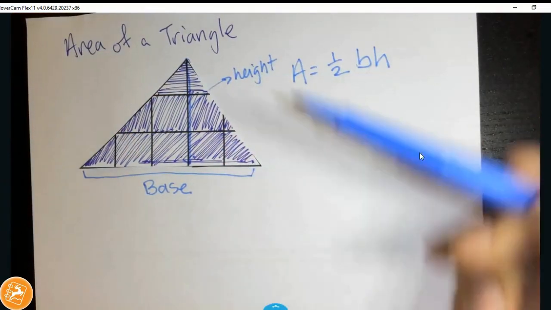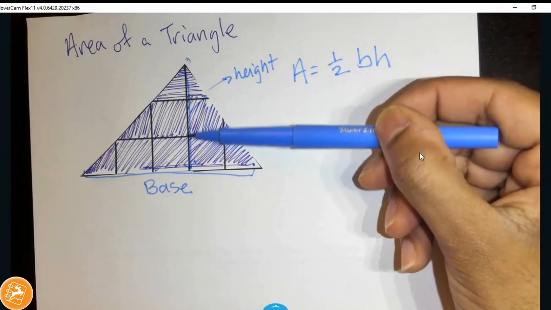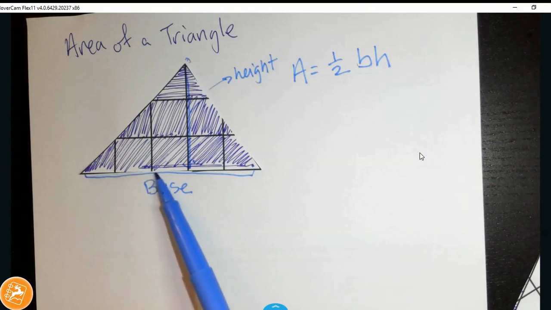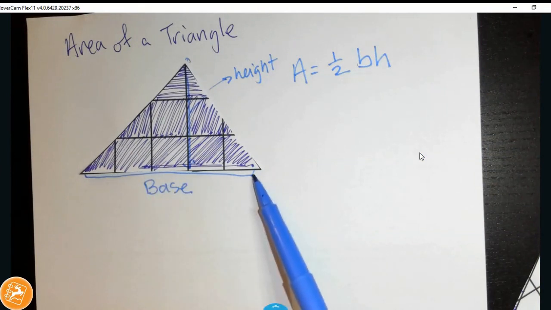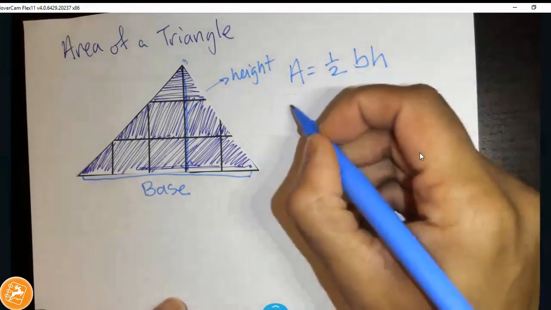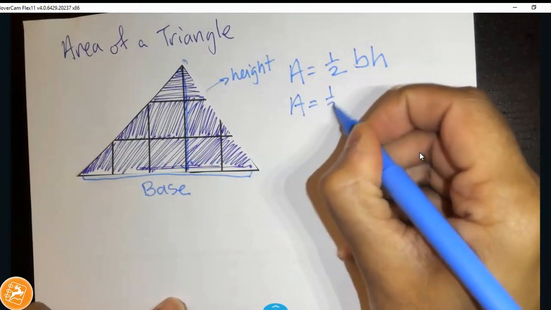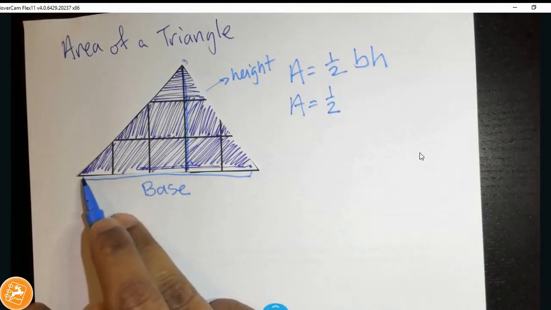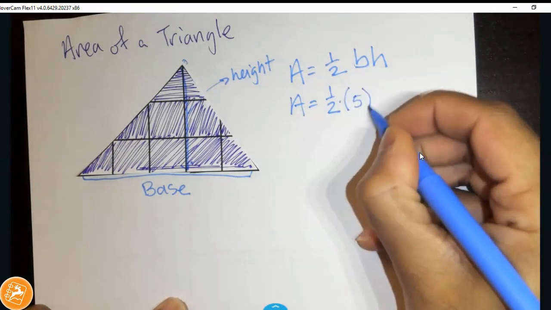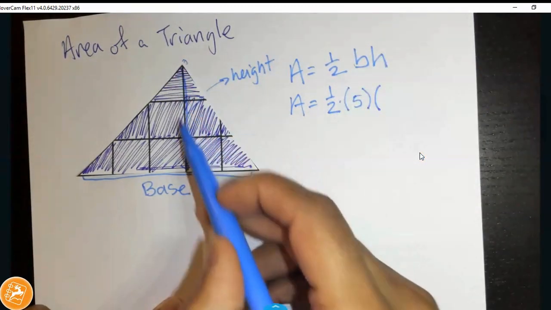So my height here would be 1, 2, 3 units, and my base would be 1, 2, 3, 4, 5 units. To solve this, all we would do is plug in my base and my height. My base here is 1, 2, 3, 4, 5. My height is 1, 2, 3.